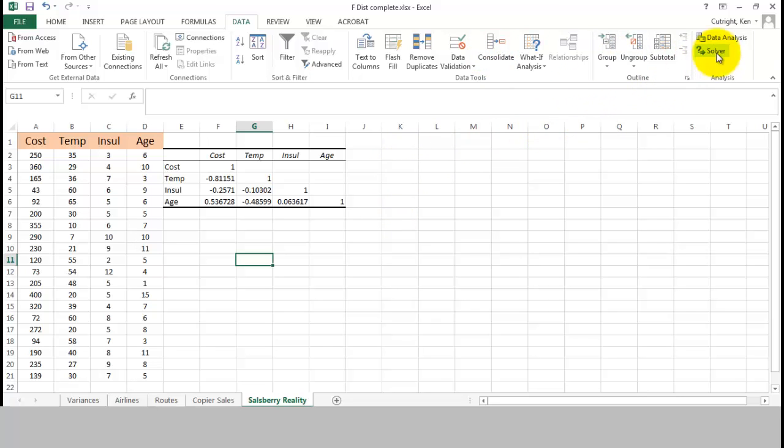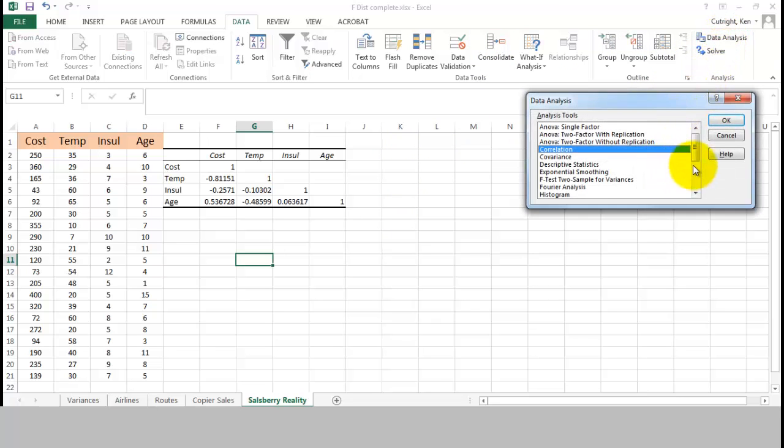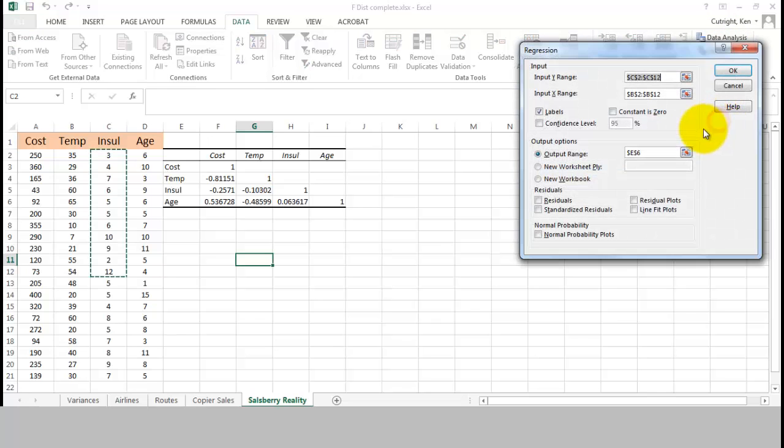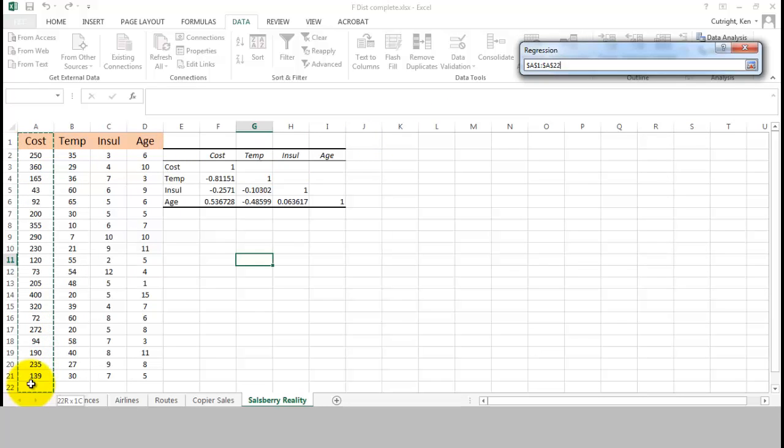Now I want to go to Data, Data Analysis, and I want to slip down here and find Regression. Got to be a little more careful here. Note that it's got some values in there because I used this earlier, and so it's retained the other values, so you're going to have to overwrite those. No big deal, but in this particular case, the Y value or the dependent variable is cost.